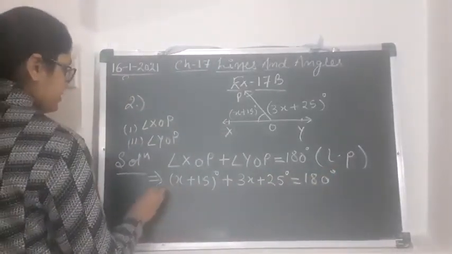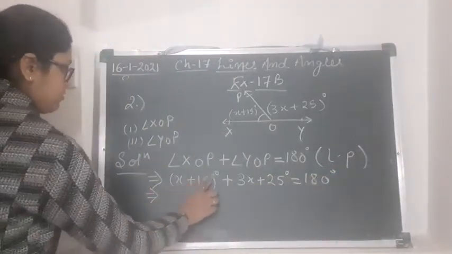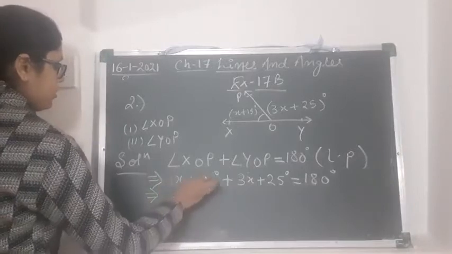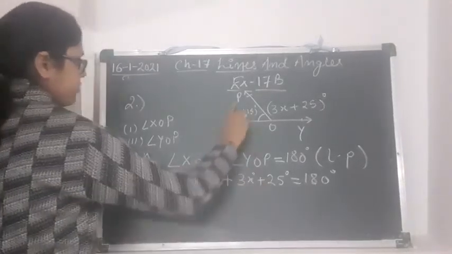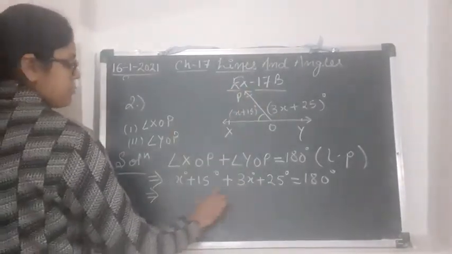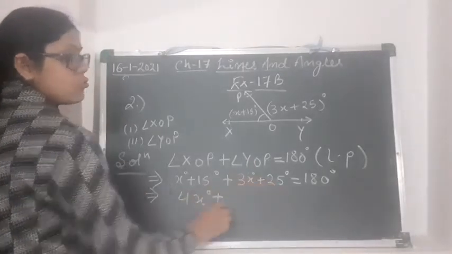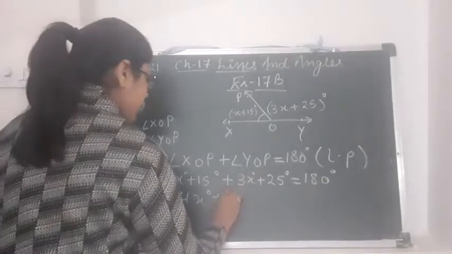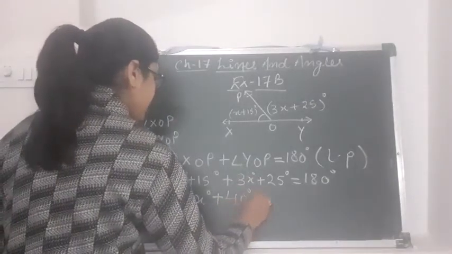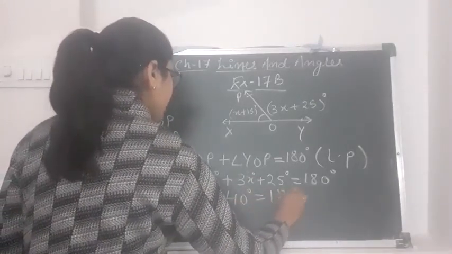Now I'll just remove the brackets. x degrees and 3x degrees. So x plus 3x, what will come? 4x degrees. 15 plus 25, what will come? That will come as 40 degrees, equal to 180 degrees.